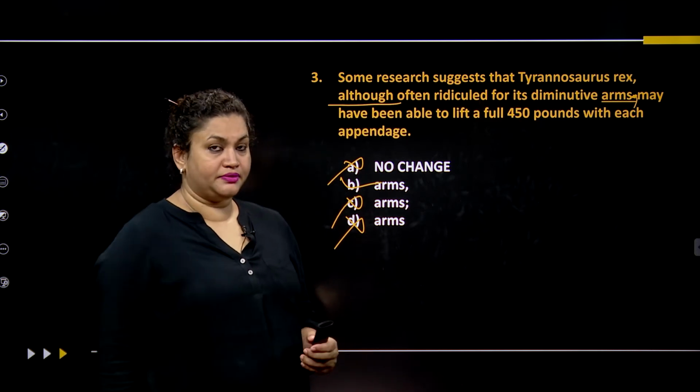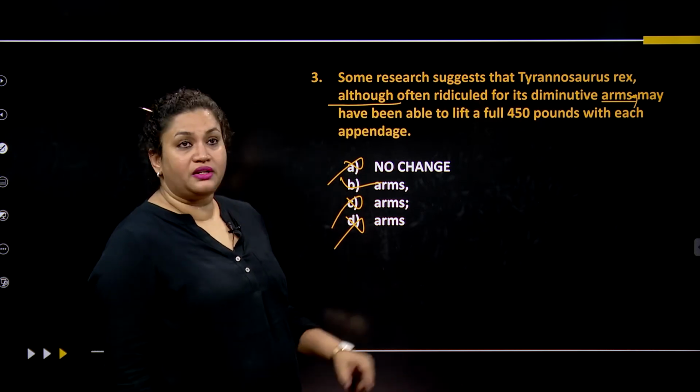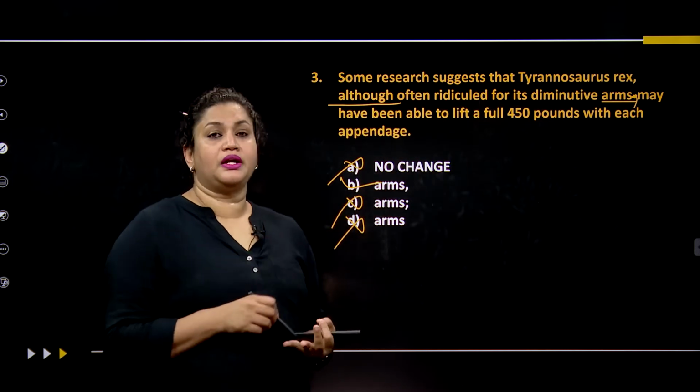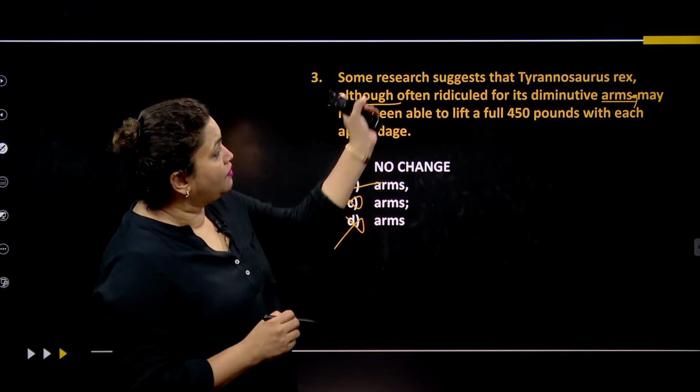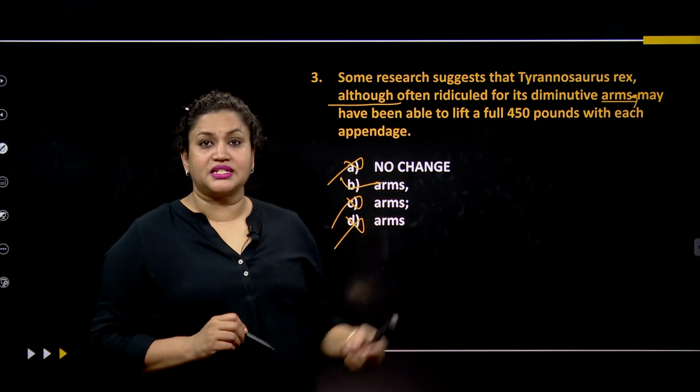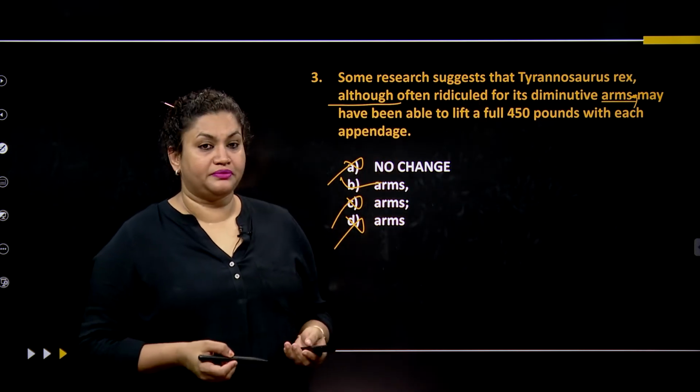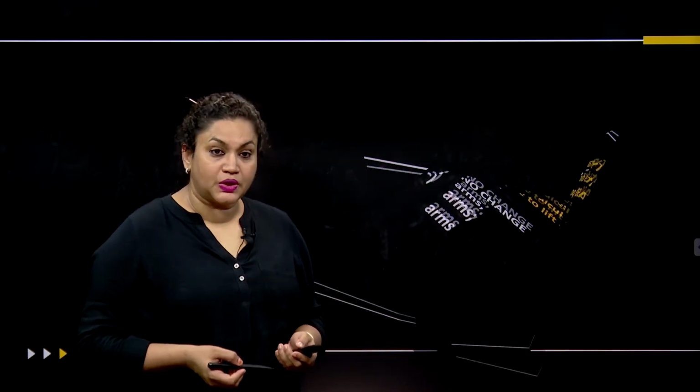It is needed. Now here, the second part is also a dependent clause, but we have the subject in the first line, so therefore it is fine. Let's go to the next.